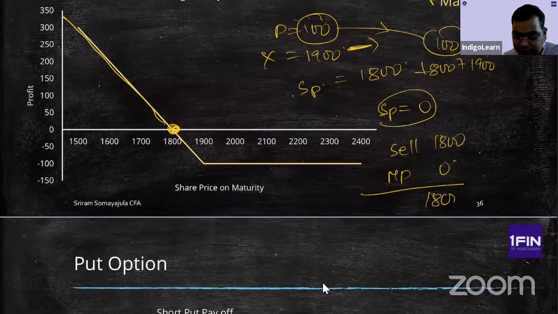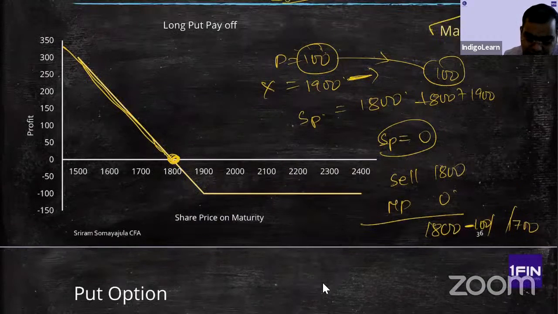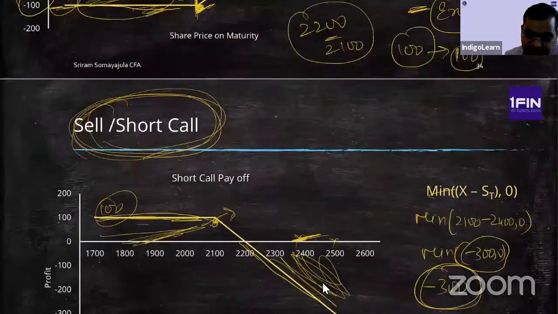You're making 1800 rupees profit. But from this you have to subtract the 100 rupees premium. So basically, you're making a 1700 rupees profit. This is why this particular curve goes like this. And please note, in case of a put option, the profits are limited, whereas in case of a call option, profits are unlimited.